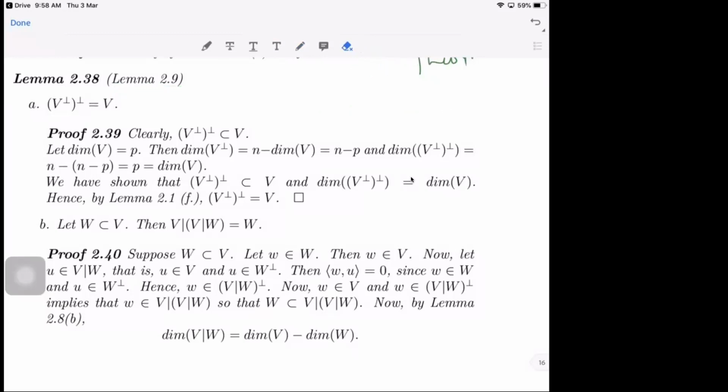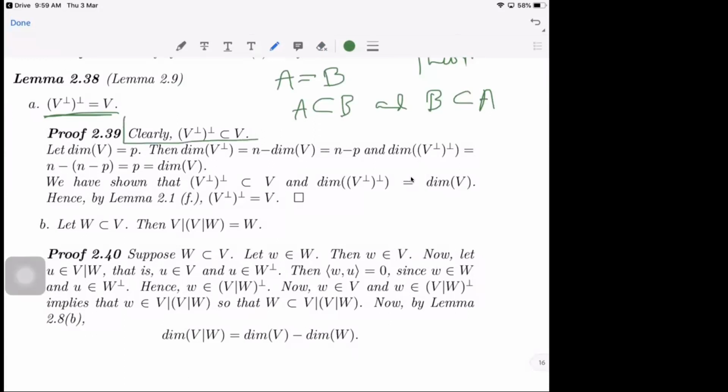So to show two sets are equal, A is equal to B, in set theory, you show that A is a subset of B and you show that B is a subset of A, correct? So what is clear here is that V perp perp is a subset of V, because V is the general space. So any subset or particular set is always a subset of the space V. So what do we need?